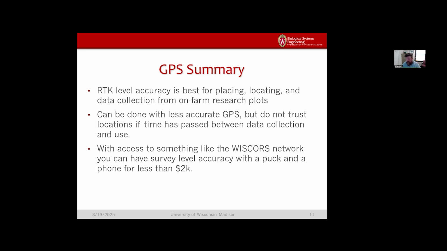And depending on pricing and everything else, I'm not sure how much it costs to join Whiskers, but if you are able to do that, it looks like you can do RTK on your phone, or on your person at the very least, not necessarily controlling a machine, for less than $2,000, which is pretty impressive to me considering where we came from. So hopefully that's enough to make you think about GPS next time you're driving down the road. So that's my plan anyway.